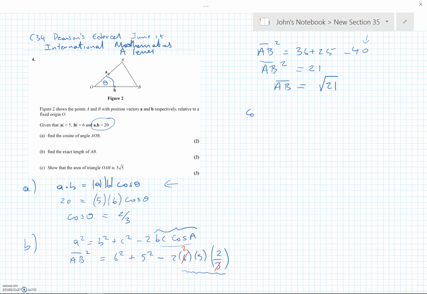So, part C. So that the area of the triangle OAB is 5 square root of 5. Well, we've got a formula for the area of a triangle.